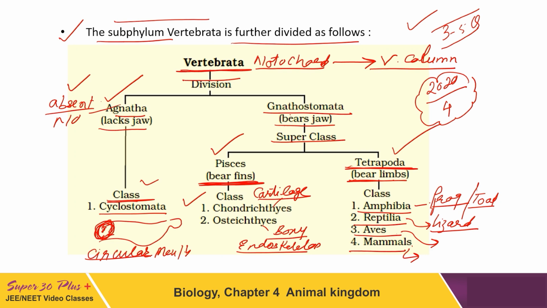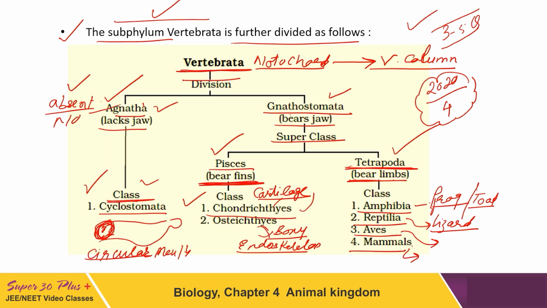Vertebrata is a subphylum of Chordata. Chordata is the phylum. Vertebrata has two divisions, Agnatha and Gnathostomata. Agnatha has only one class, Cyclostomata. Gnathostomata has superclasses Pisces and Tetrapoda. Pisces includes Chondrichthyes, can you remember?